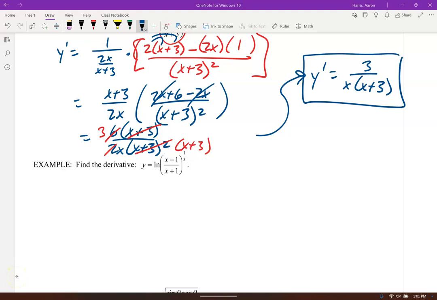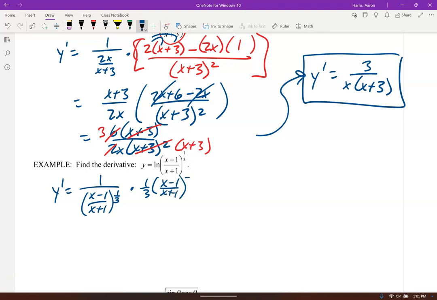Here we've got, take this derivative, and I've got 1 over this stuff. Now I got to run the power rule on this, so times, so it's 1/3 that stuff.